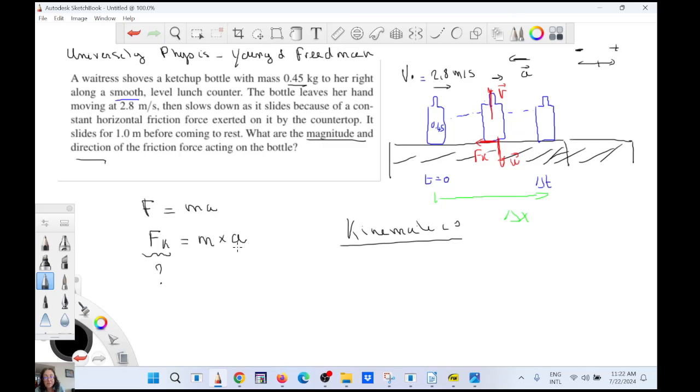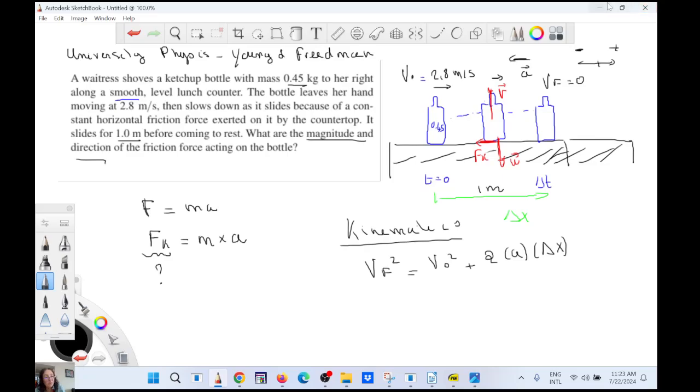So kinematics, it's going to give me the acceleration. And you see that the final velocity equals 0. And I'm missing something here. Delta x is 1 meter. So I can use the equation final squared equals initial squared plus 2 times acceleration times delta x.